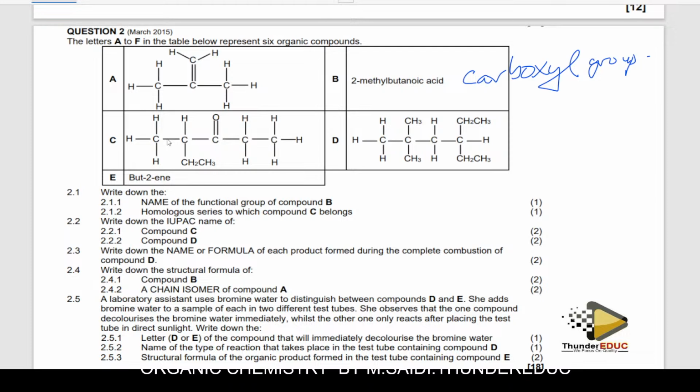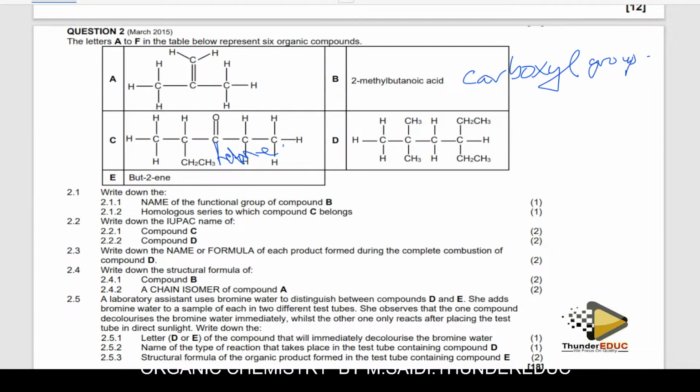But the homologous series are the aldehydes and ketones. In this case they are looking for the homologous series, so this one is going to be a ketone. That is the answer.